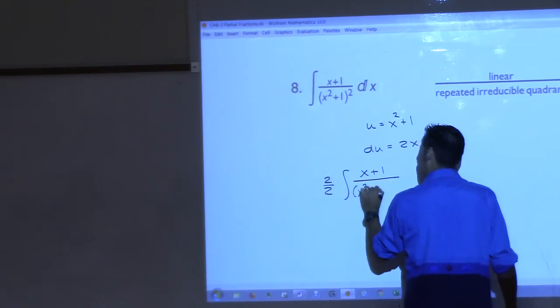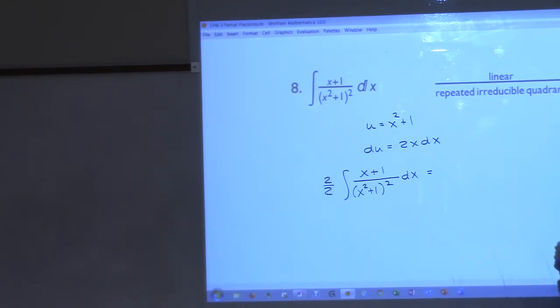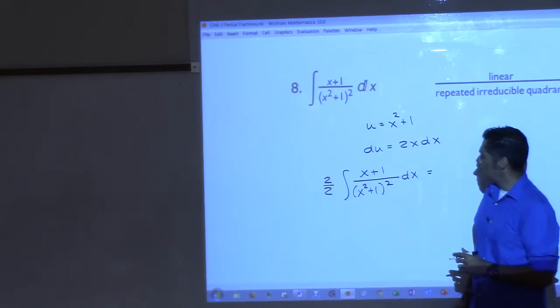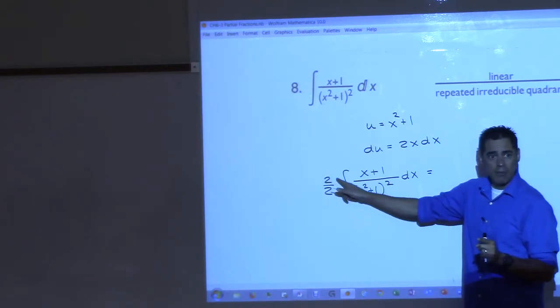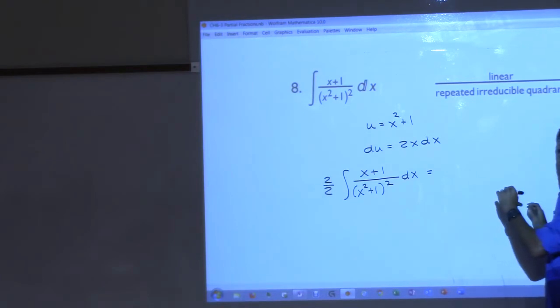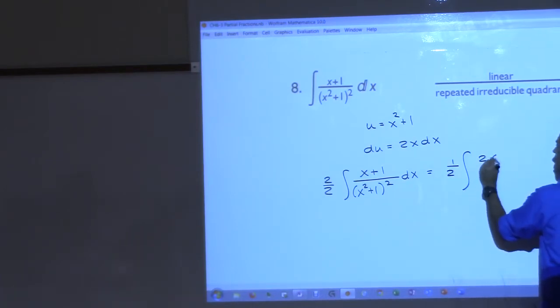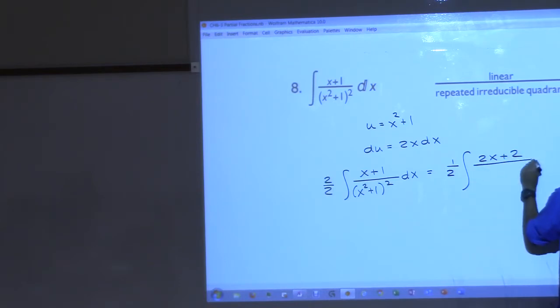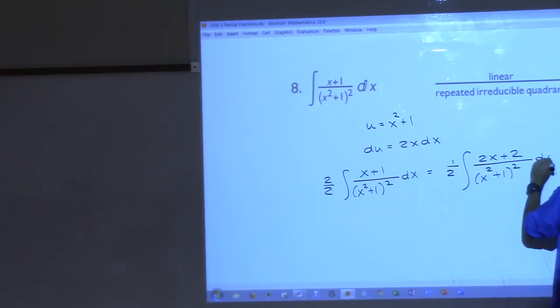Then we need to use the 2. You're going to distribute. The 2 is going to go through both terms on top, and I still have a 1/2 out front. So 2x plus 2 over x squared plus 1 squared dx.